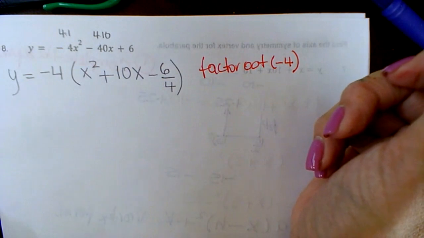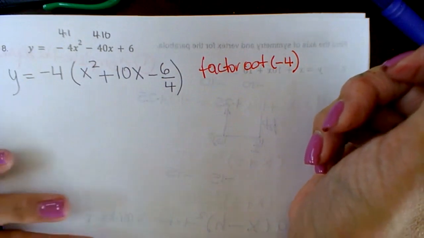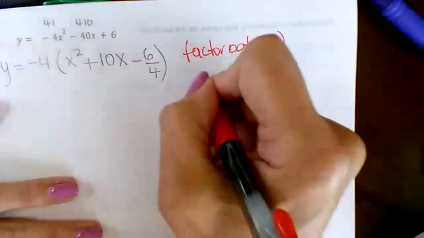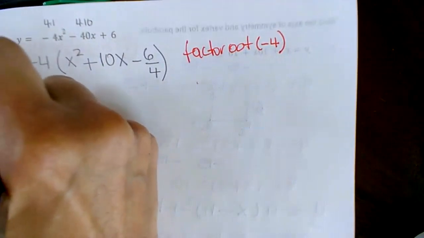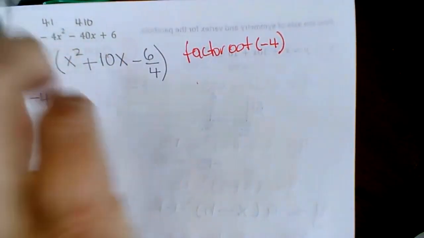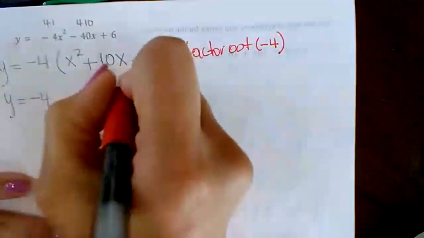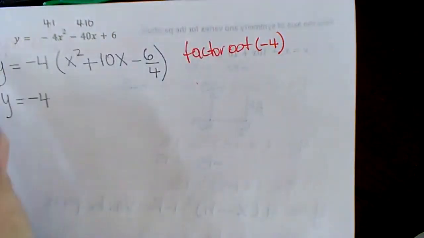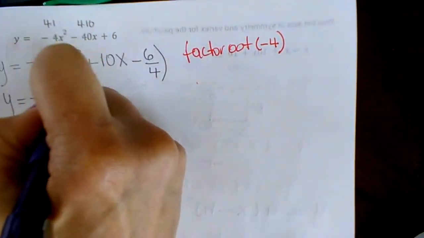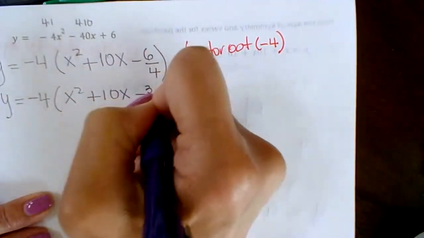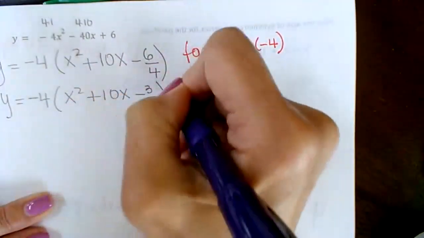Okay? Now the next step is we need to isolate the variables. So what we're going to do is we're going to add this. Let me rewrite this. X squared plus 10x. Half is 3/2.